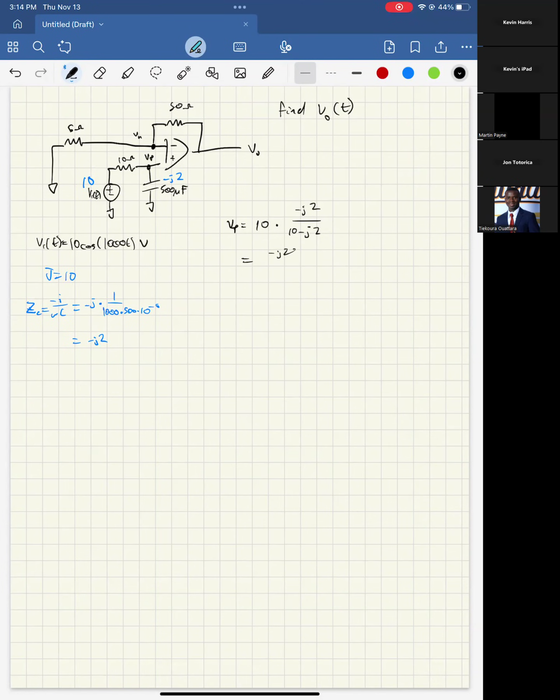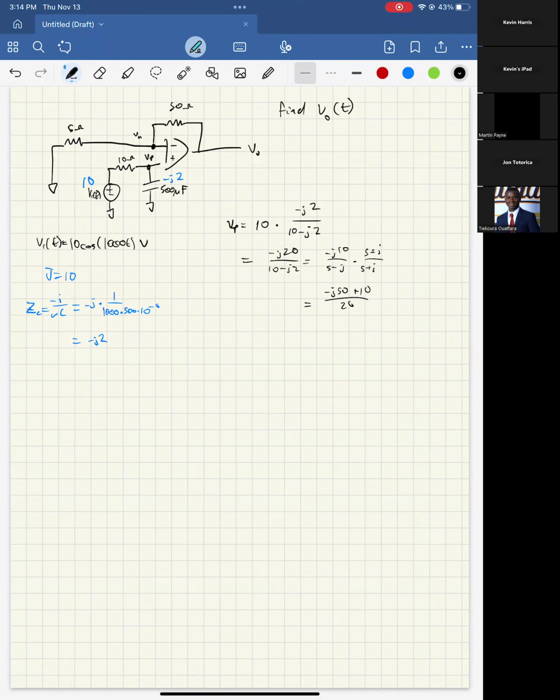So negative J20 over 10 minus J2. If we multiply this by 10 plus J2, actually we can divide top and bottom by 2. So it's negative J10 over 5 minus J. Multiply it by 5 plus J over 5 plus J. You get negative J50 plus 10 over 26.